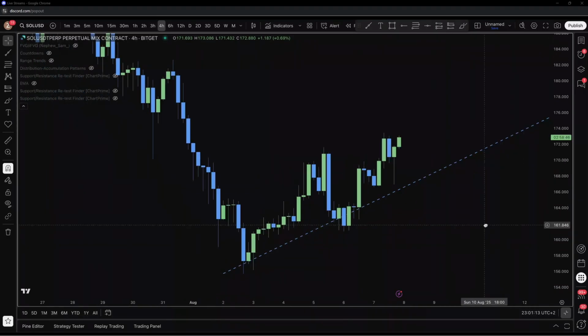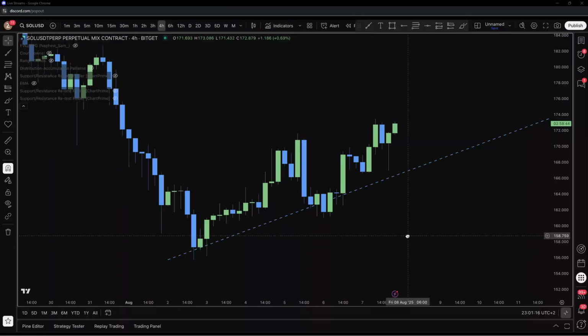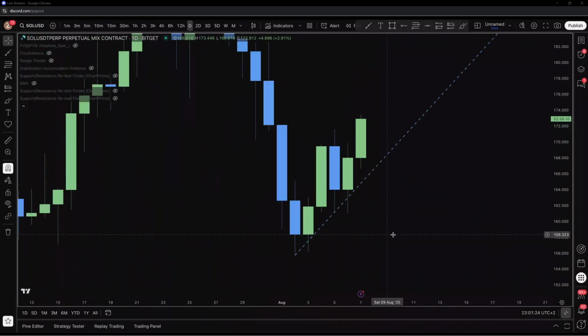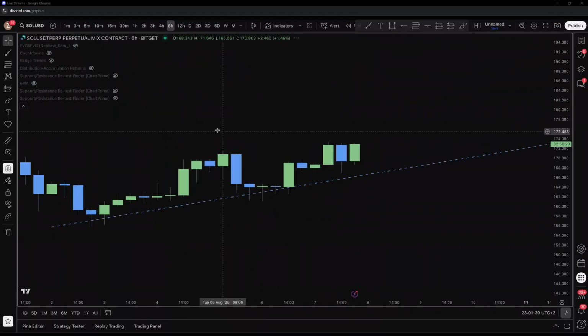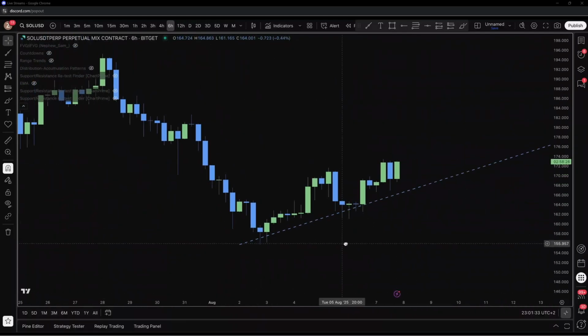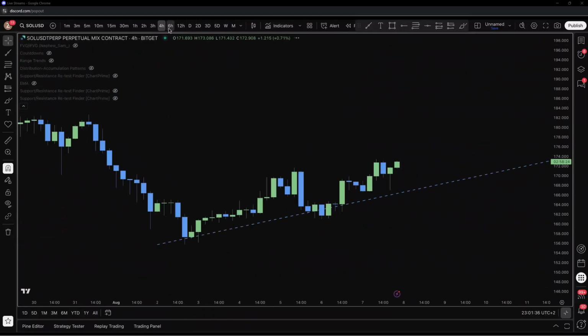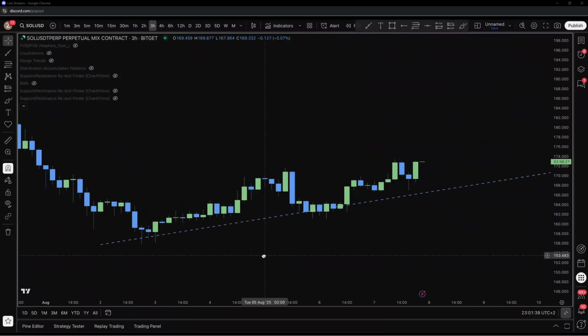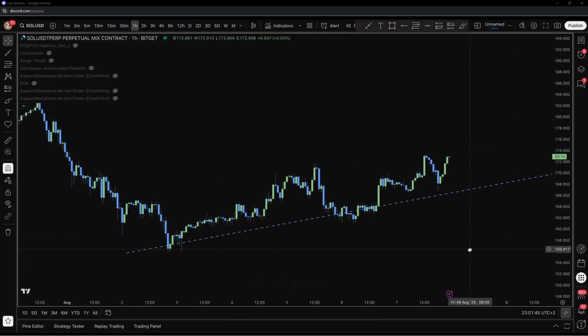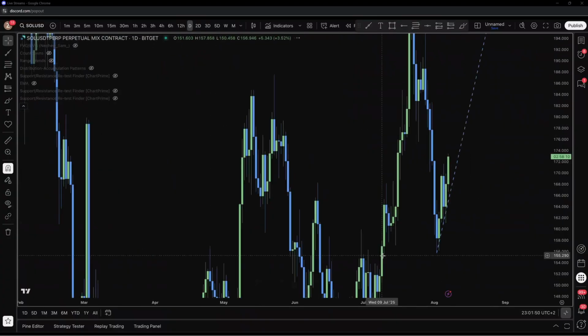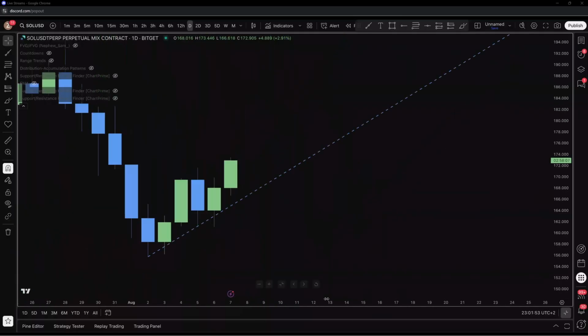Does anyone know, if you draw a range trend on a daily, would it be disregarded on a lower time frame if you're seeing a level of inaccuracy? It appears to me that if you have a daily range trend, and it comes down to a candle closing above or below, a 5-minute hard close on a daily range trend is not that significant. But you might want to decide, if you're taking a scalp, how to respond to price at that time based on this daily range trend, if that makes sense.